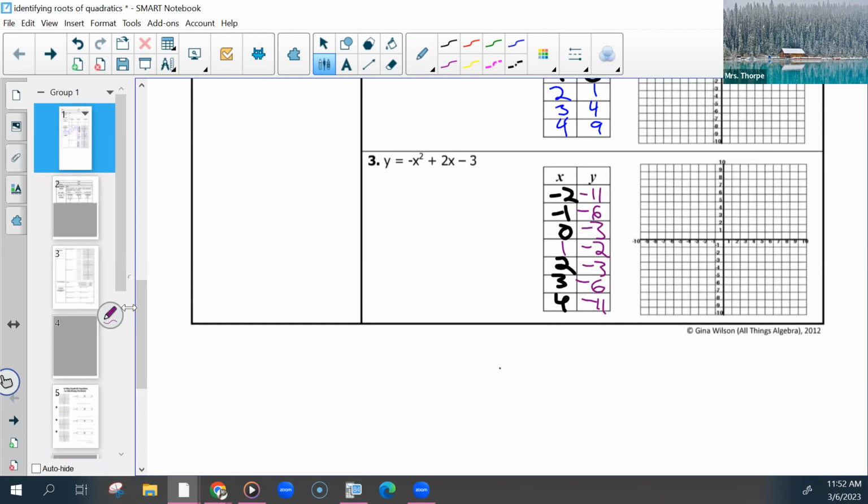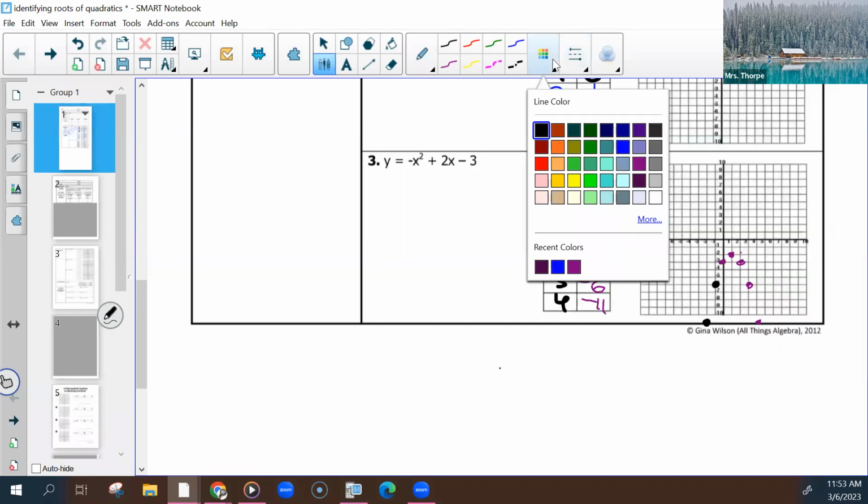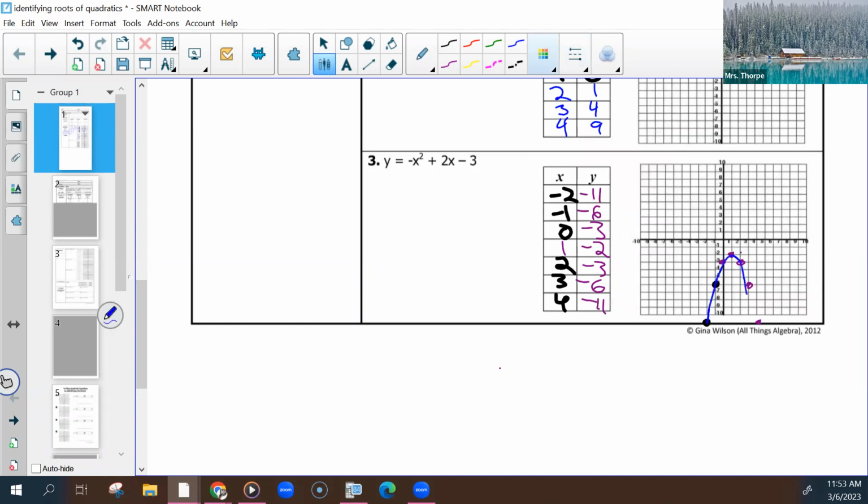But if you get something like 15, 20, don't try to extend your graph, just leave that off. It should look something like that.